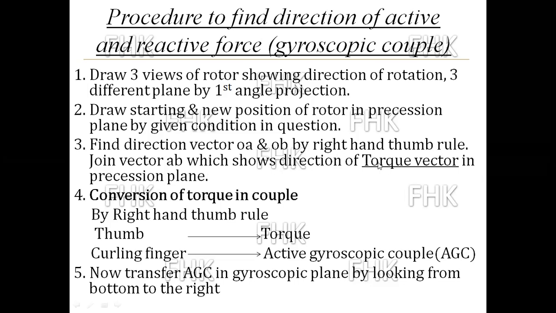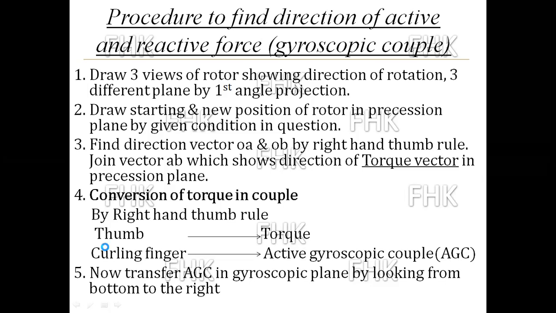So you have to convert that torque vector in the third plane. The next step is conversion of torque into couple. By the right hand thumb rule, the thumb will show the torque and the curling fingers will show the active gyroscopic couple, that is AGC. That you have to draw in the third plane.